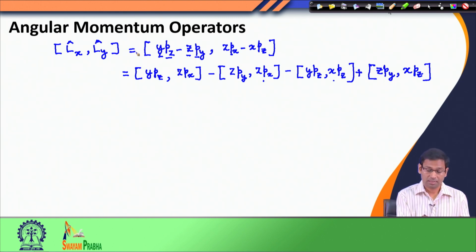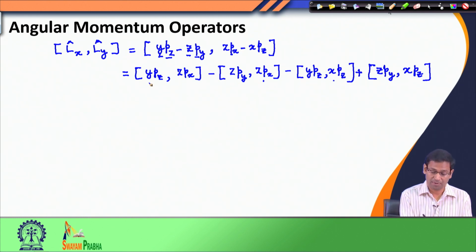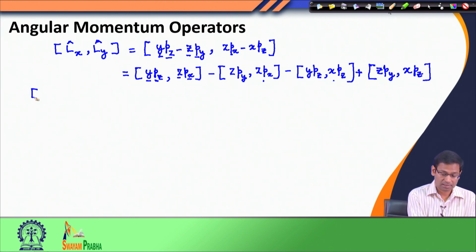Now, I can evaluate this commutator if I can evaluate these four commutators, but you see each of these commutators has an A B, C D type of form. So, I have two operators here and two operators here, and I should know how to evaluate this kind of commutation.